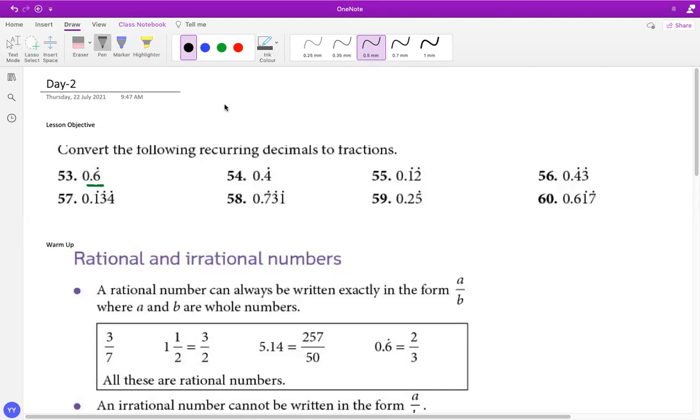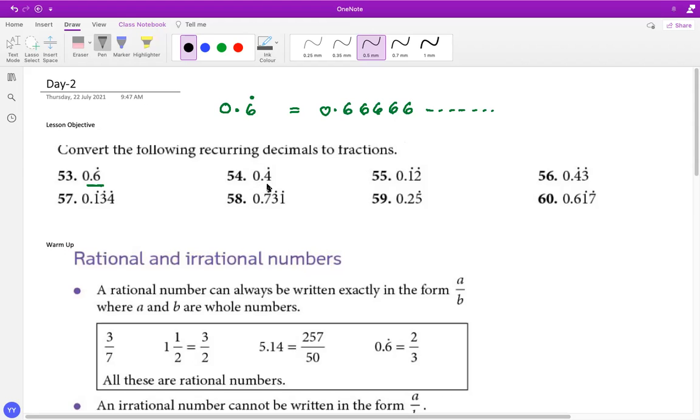Now when you talk about 0.6 with a dot on the top, it means this is equivalent to writing 0.6666 up till infinity. If you see a dot on the top of a number, it means that number is repeated afterwards.